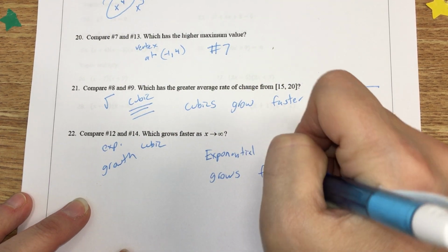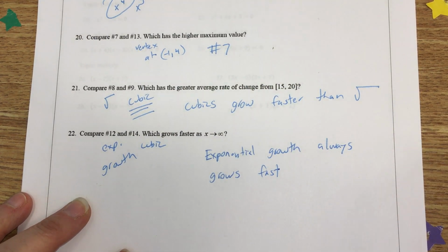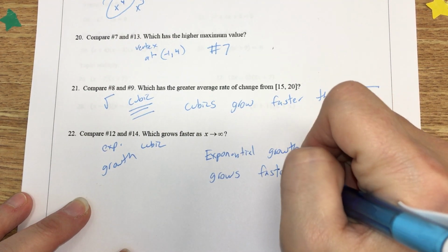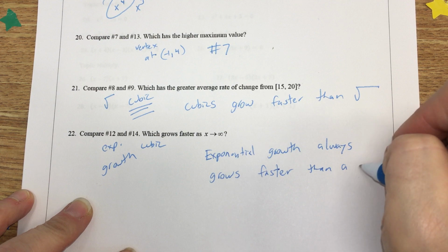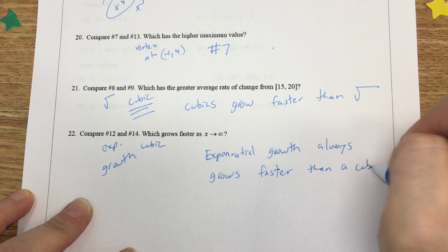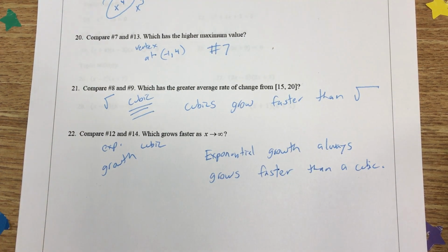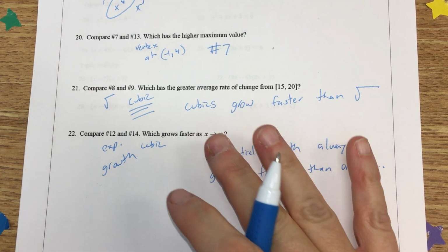I mean, exponential growth is pretty much going to beat almost every function we've learned so far. I mean, think about when you put an exponential function into your calculator and you look at the table, how fast those y values get really, really big.